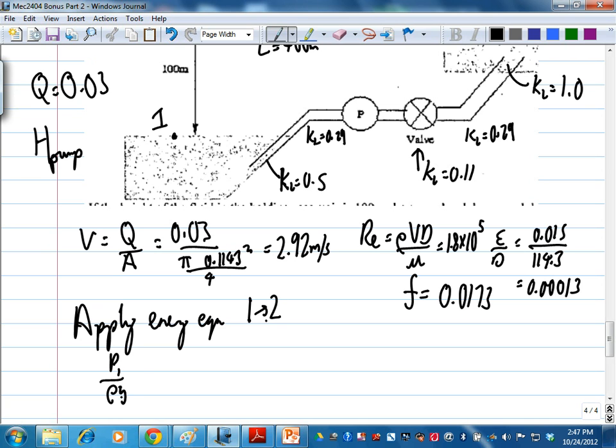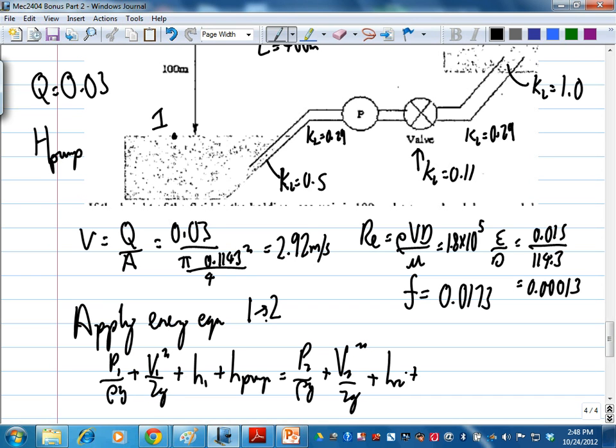P1 on rho G plus V1 squared on 2G plus H1 plus H pump is equal to P2 on rho G plus V2 squared on 2G plus H2 plus head loss.